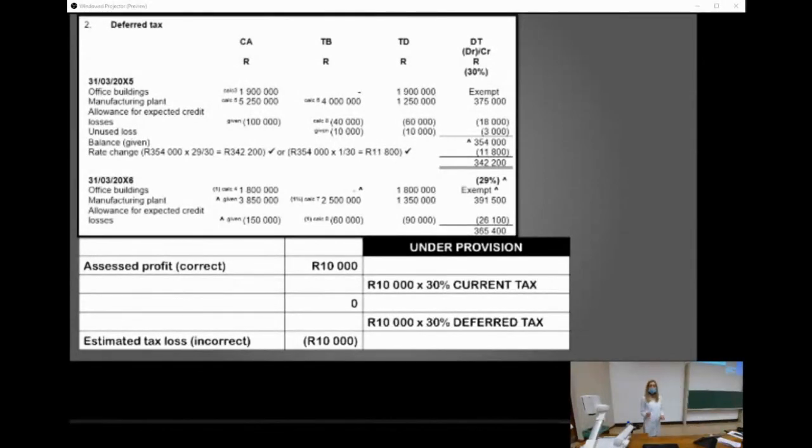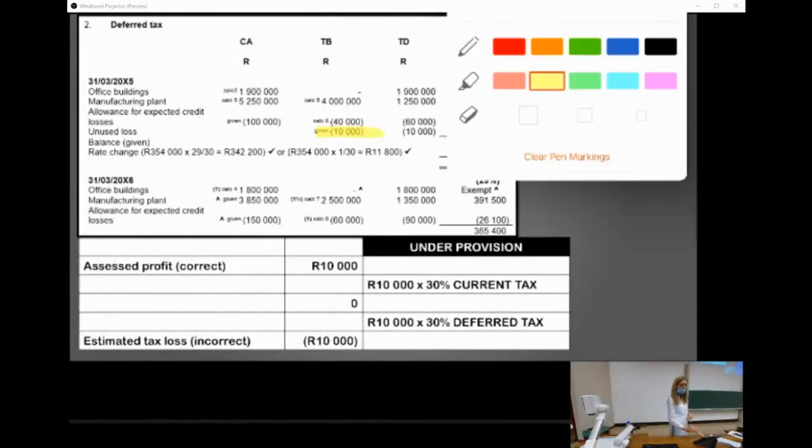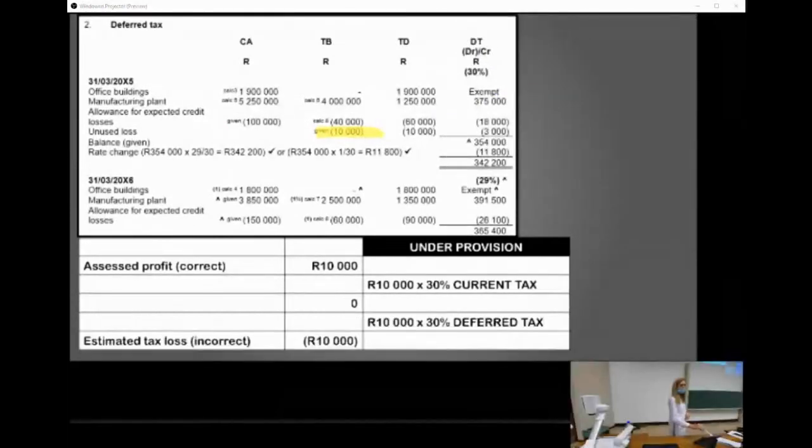So here we are actually, our unused tax loss, I see the problem. This unused tax loss over here, the fact that it is in brackets is a bit misleading. It's actually because it's a future deduction, so the tax base should actually be a positive amount. But remember what I told you, when we mark, we are not really worried about the signs in these columns.